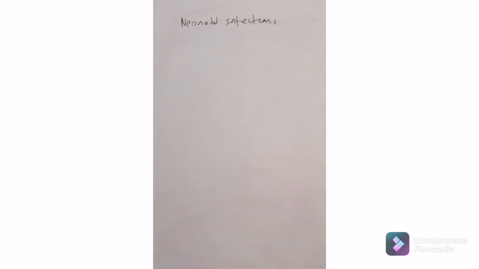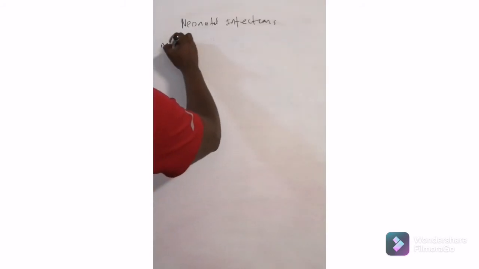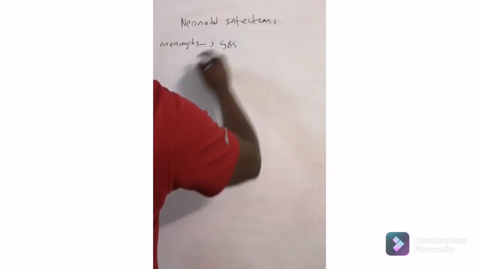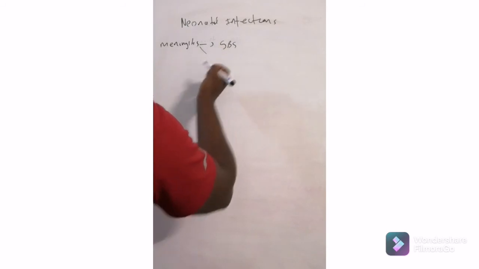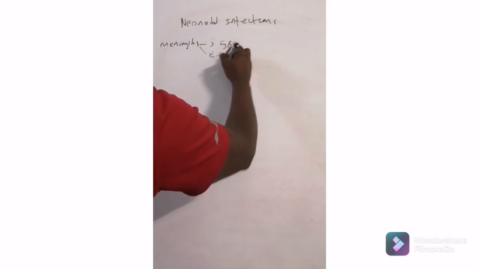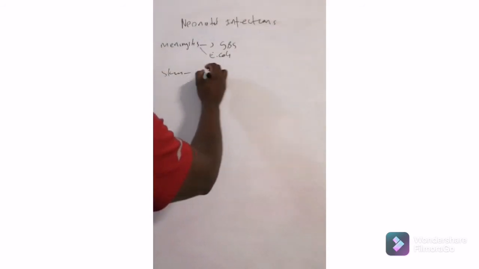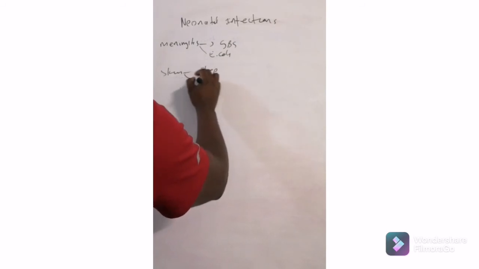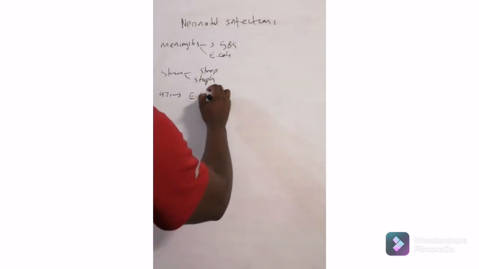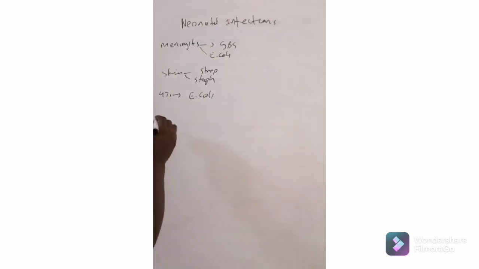Let us look at specific infections, né? Let's say meningitis: group B strep, E. coli. Skin: strep, staph. UTI: E. coli. What else?